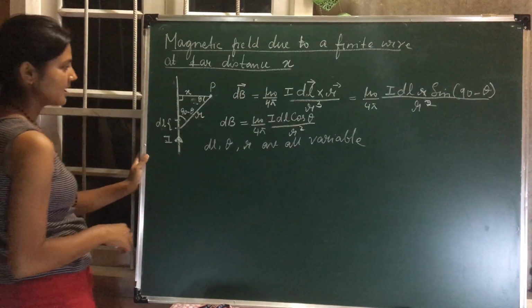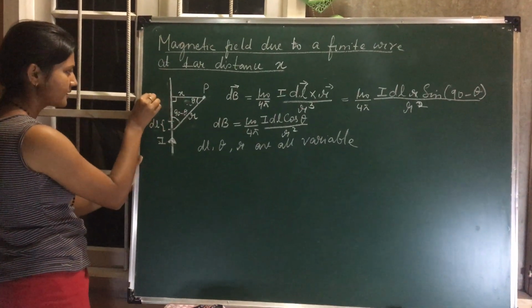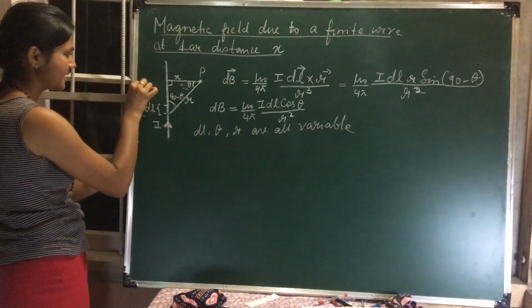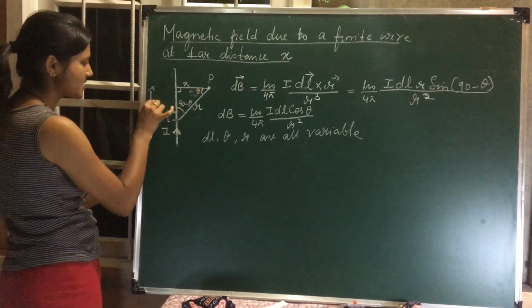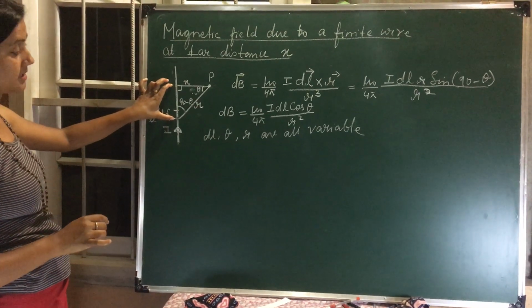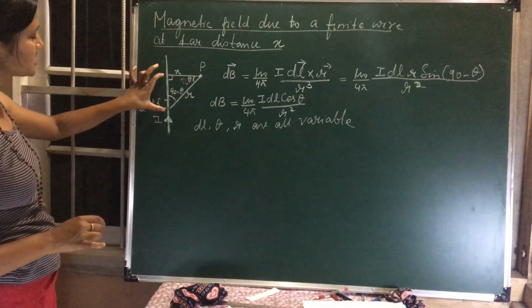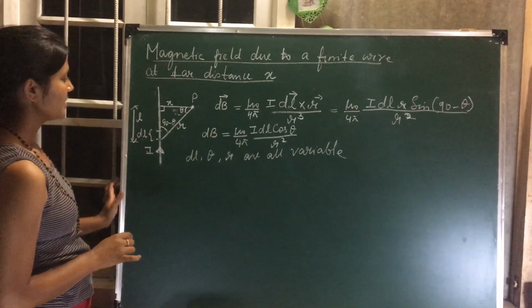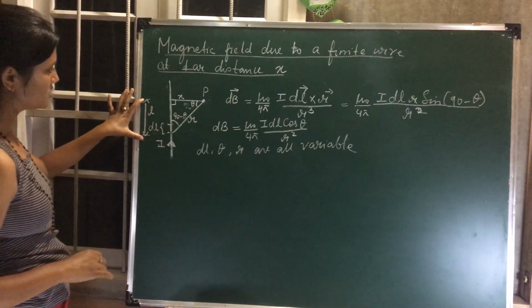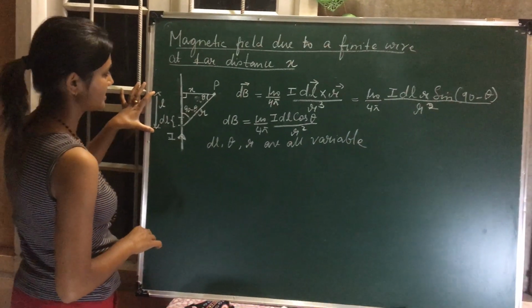Alright, say up to this length only I'm choosing it over here. Say this length is L. Then if this length is L, do you know what is tan of theta?